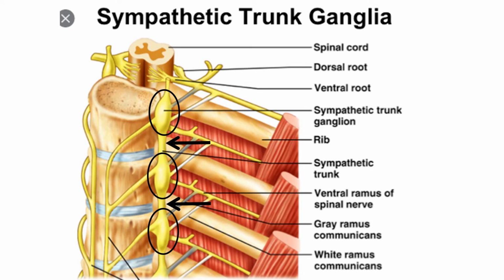A few ganglia. Then we have white rami communicantes that are leaving the ganglia without synapsing, and they go to the front of the vertebral body and form splanchnic nerves.